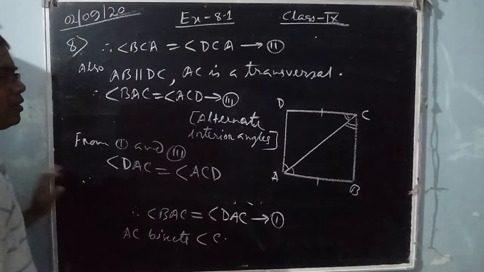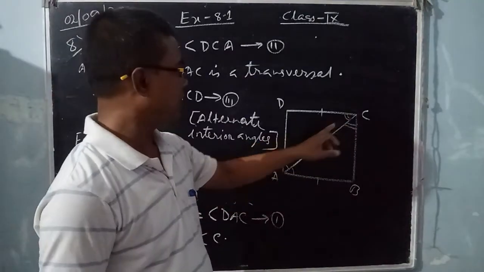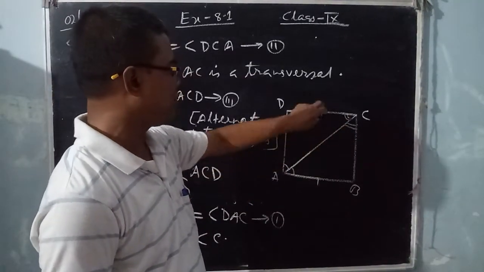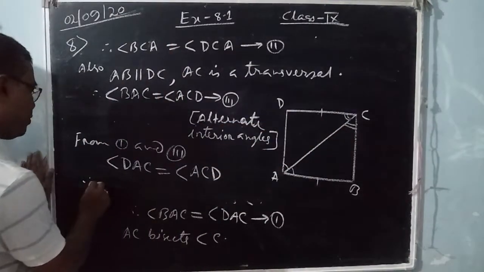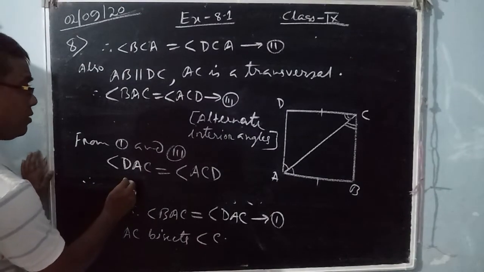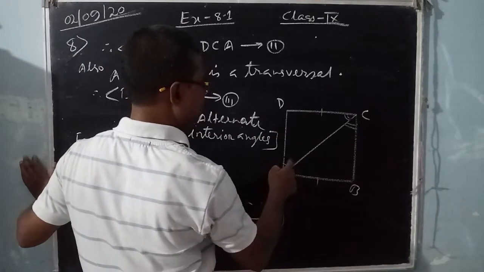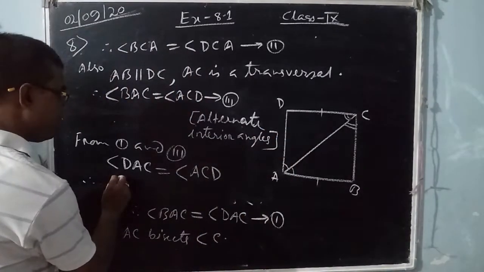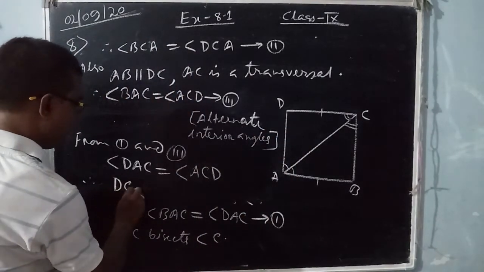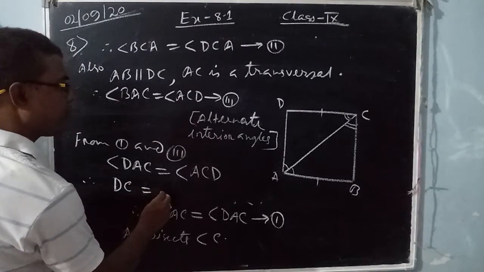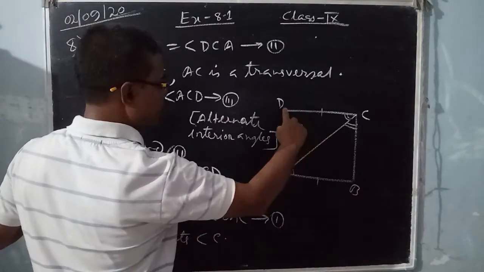Therefore, if these two angles are equal, then these two sides will be equal. Therefore, in triangle ADC, DC equals AD.